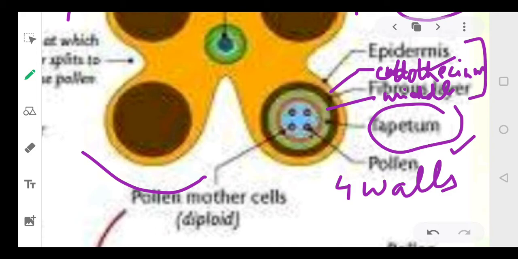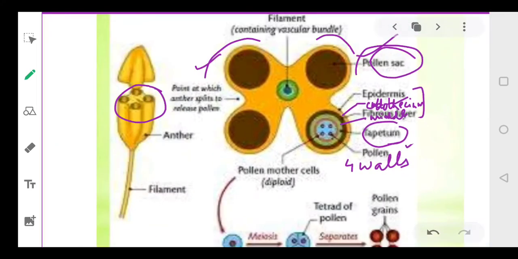Now this tapetum provides nourishment to the pollen grains. See, inside there are pollen grains, are they visible to you? So tapetum provides nourishment to the growing pollen grains. Clear, everyone?